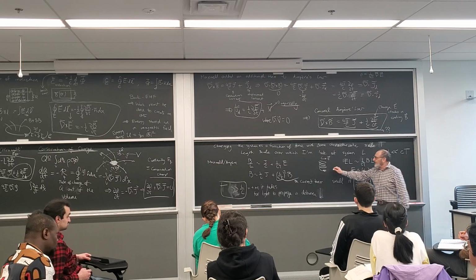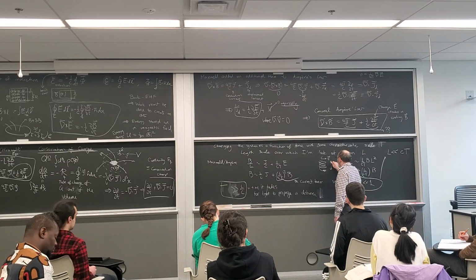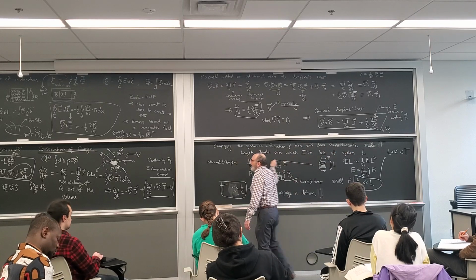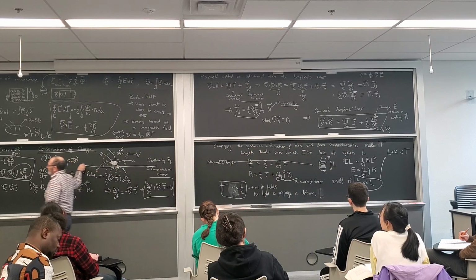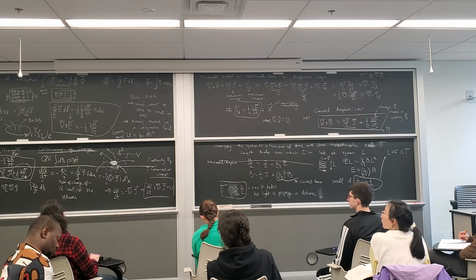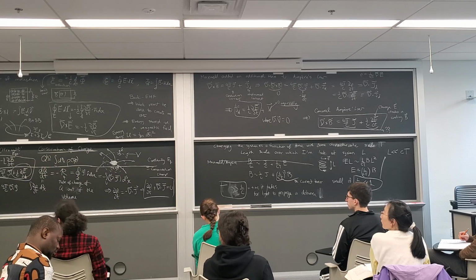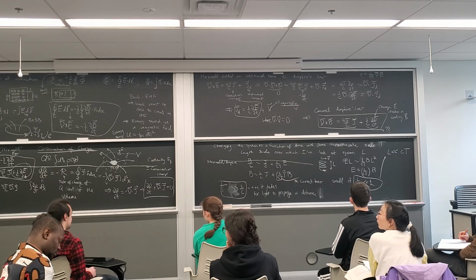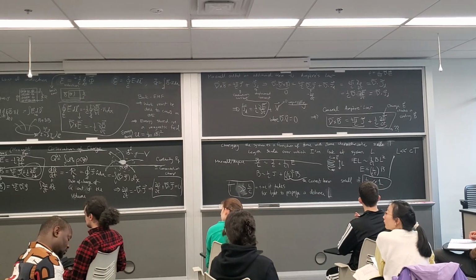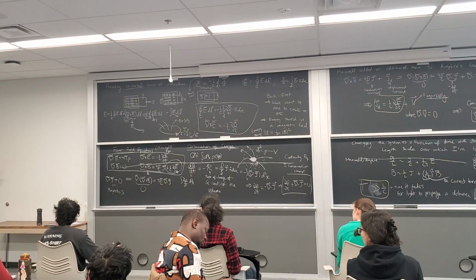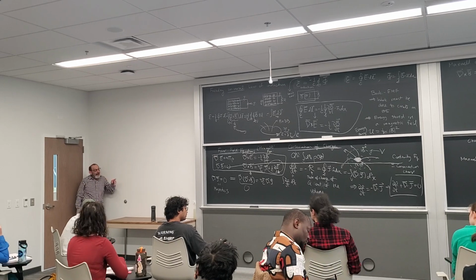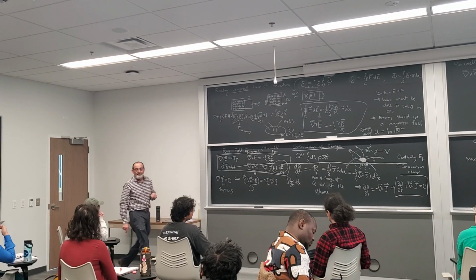So if this thing has some characteristic scale L, but I'm over here, and my distance from this thing is big enough compared to that C times T, then I have to worry about that term.